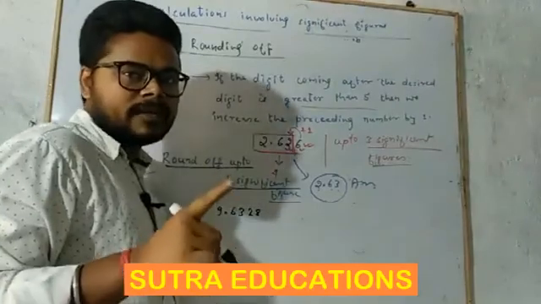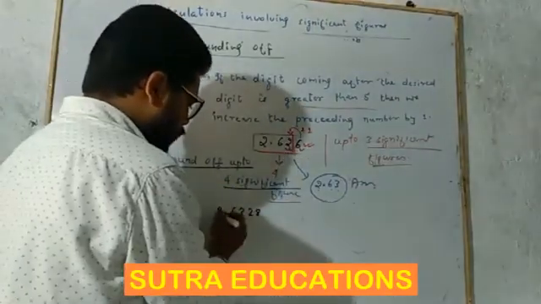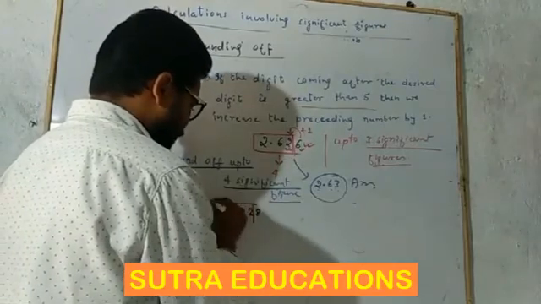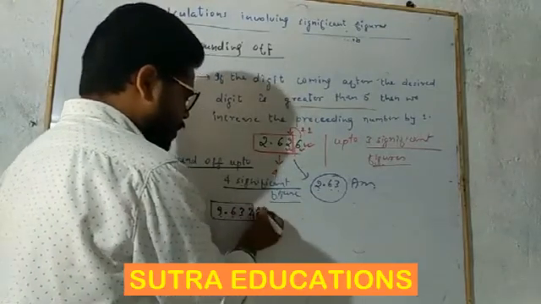So we have to write only 4 significant figures. 1, 2, 3, 4, up to this is our desired digit. Up to 2 is our desired digit.